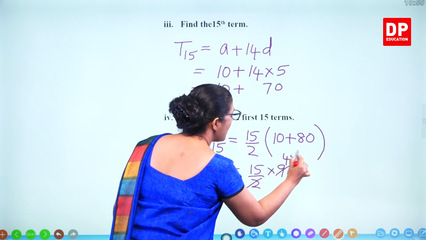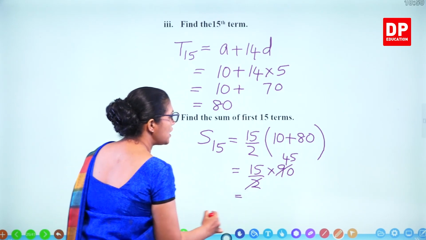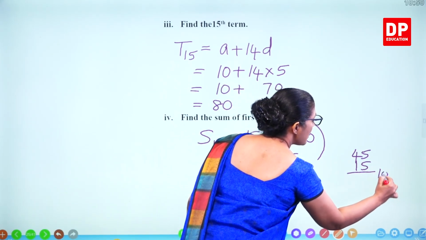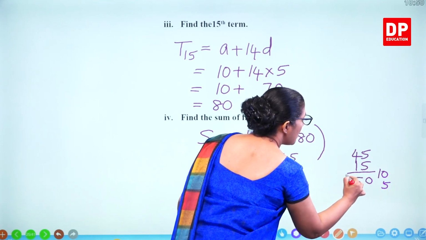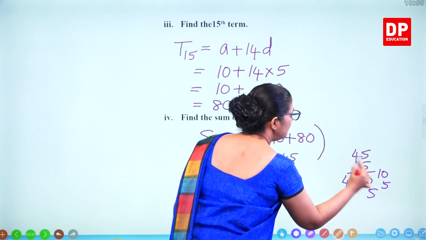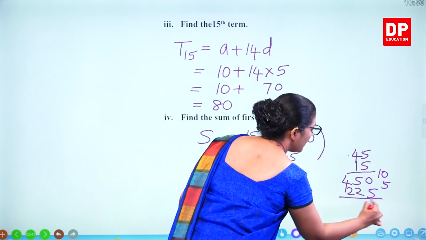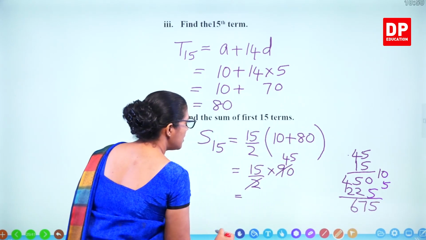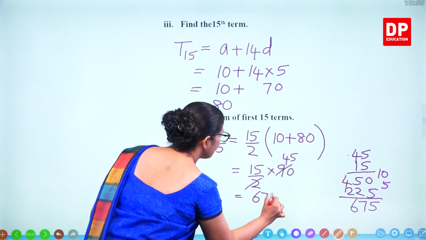So 45 into 15. 10 and 5, multiply by 1. Here multiply by 5 and add it together. You get 675.